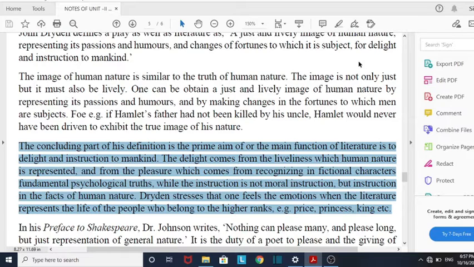Then how are you going to enjoy that? Okay, so that is very important.